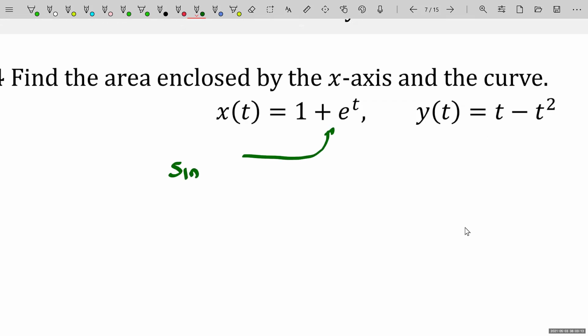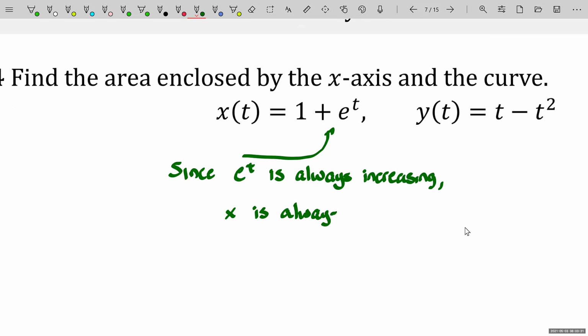Since e to the t is always increasing, x is always increasing. This implies no retrace.